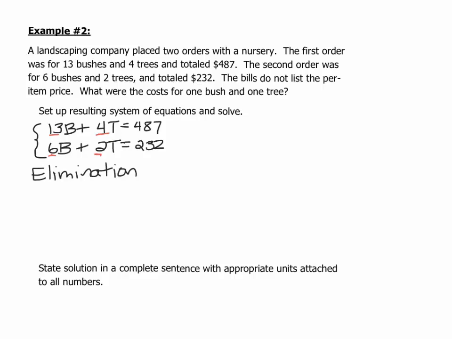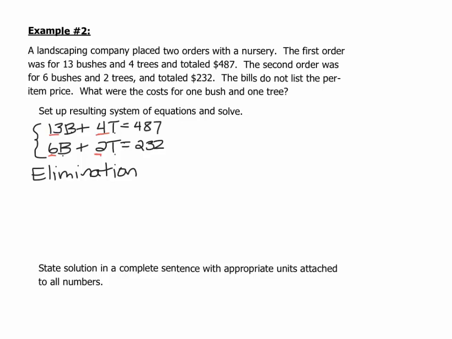With elimination, what we're going to do is add our equations together, but we want to do that in a way that one of our variables is eliminated. In order to make that happen, we need to make the coefficients of either the b or the t be exactly opposite each other.